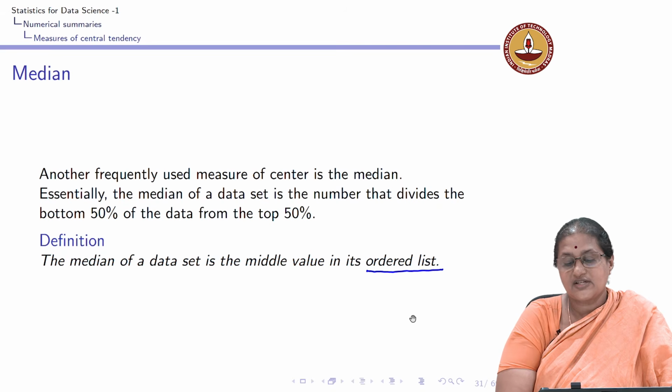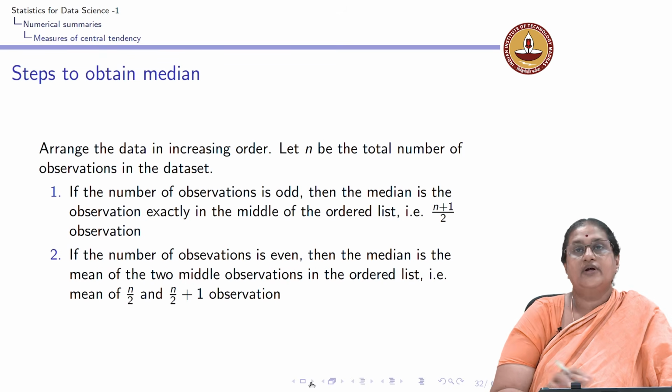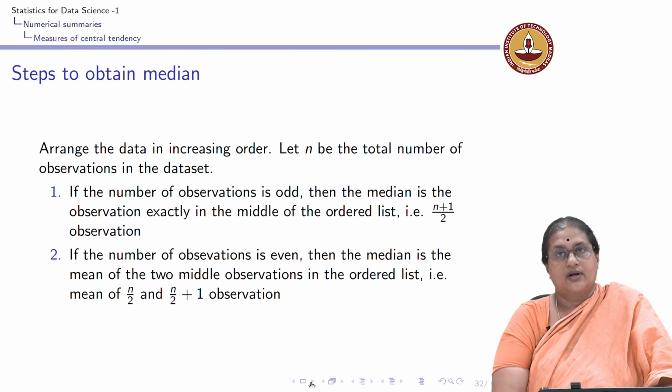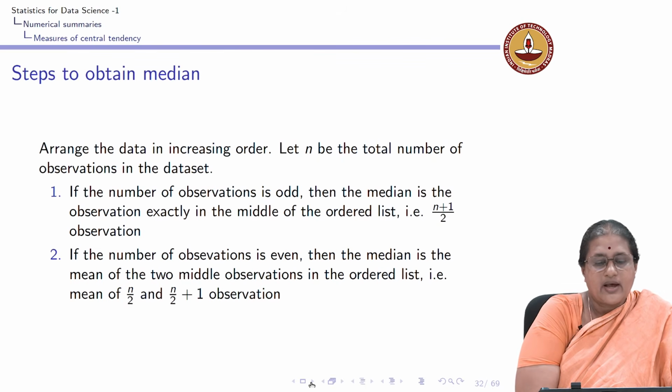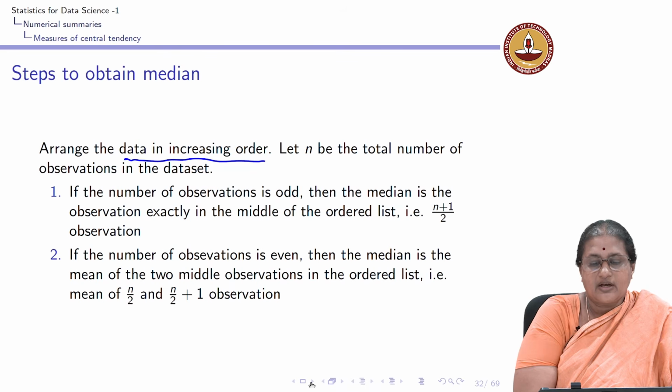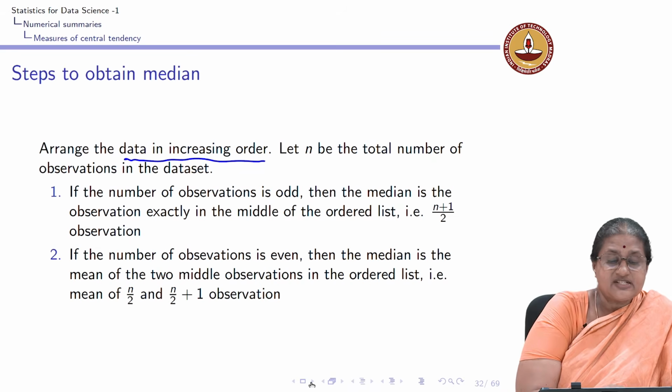The ordered list is extremely important here. Now, how do I compute the median of a data set? I have an ordered list, so I arrange the data in increasing order. Let n denote the number of observations in the data set. Now, this is important.